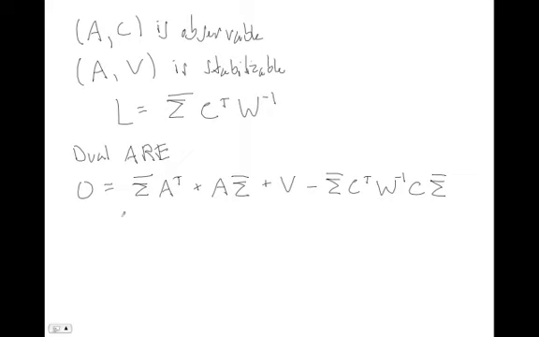And if you design your observer in this way, then you have the optimal observer for that trade-off between the disturbances and noises that you know to have in your system. The final thing I'd like to say is that there's a name for this method.